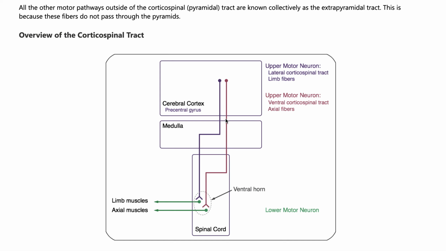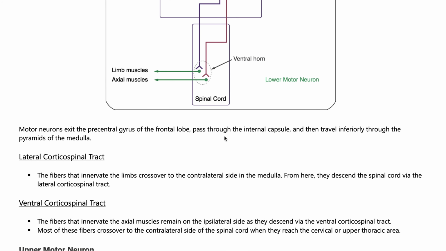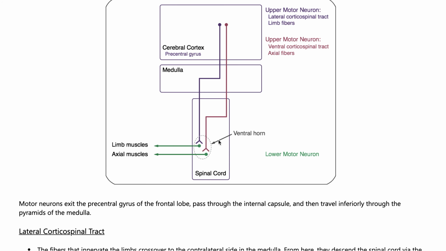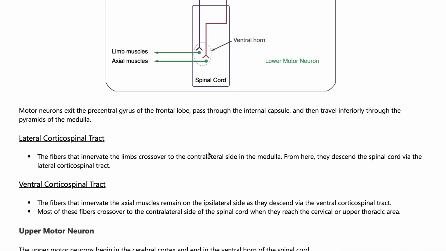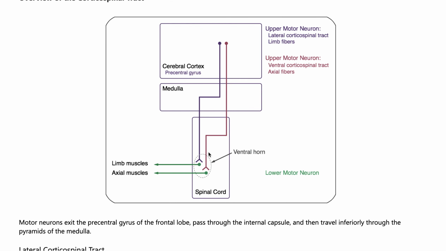The ventral corticospinal tract crosses over in the spinal cord, and the lateral corticospinal tract crosses over in the medulla. And both of them synapse with lower motor neurons in the ventral horn. Motor neurons exit the precentral gyrus of the frontal lobe and pass through the internal capsule and then travel inferiorly through the pyramids of the medulla.